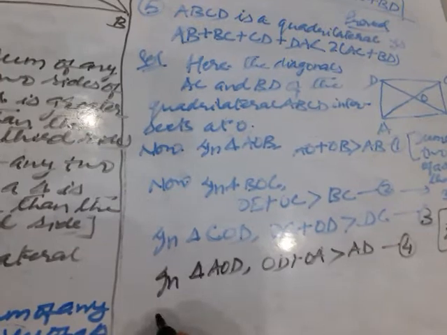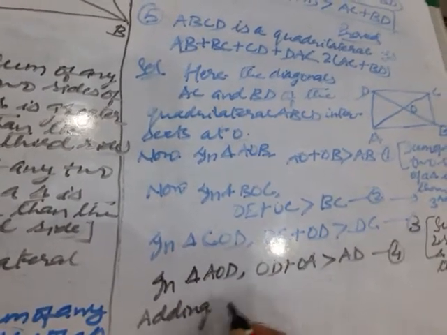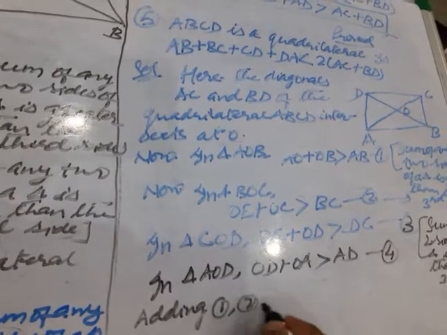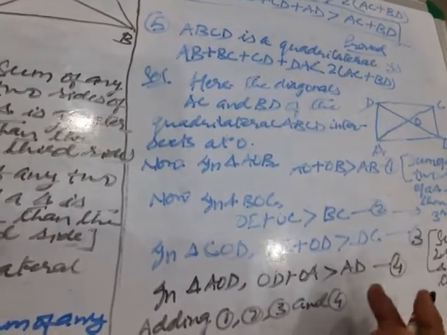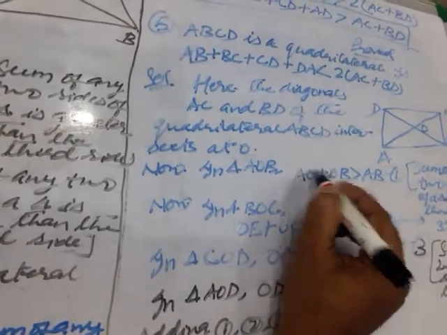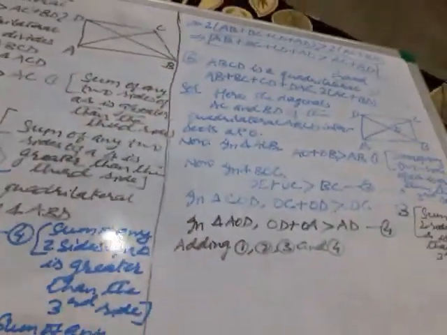Now adding all the 4, equations 1, 2, 3 and 4. Right hand side will be added to right hand side, and left hand side will be added to left hand side, children. Let us add.